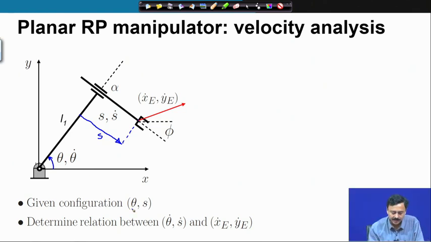When a configuration is given, we are specified theta and S. That specifies the configuration of the manipulator.